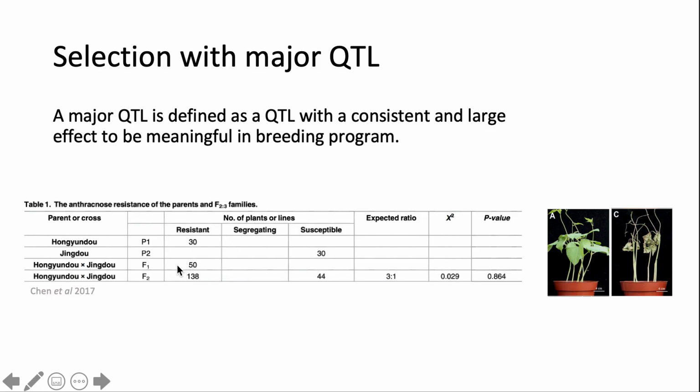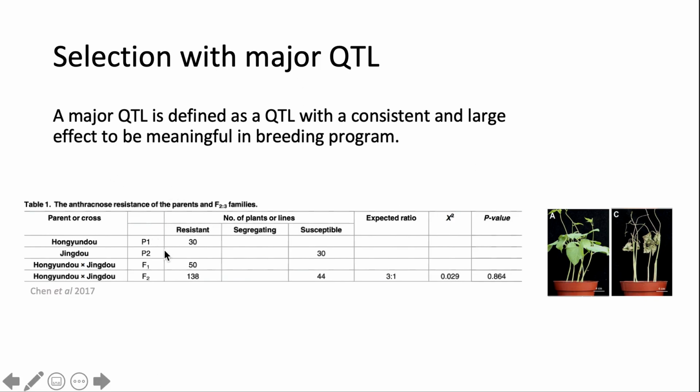As you can see here, all the F1 lines, which are heterozygous, are resistant. That is evidence that the resistance to this pathogen, which was anthracnose, is controlled by one major QTL.